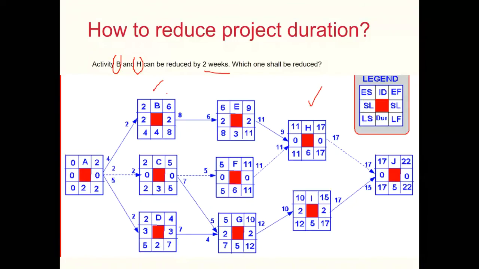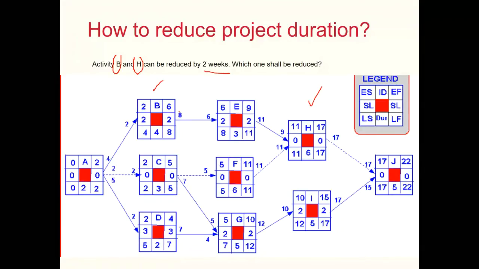Which activity shall we reduce? One thing we have just discussed is that when we talk about reducing the duration of an activity, the best thing is to reduce it on the critical path. If you reduce the duration of a non-critical activity, it is going to have no impact at all on overall project duration.